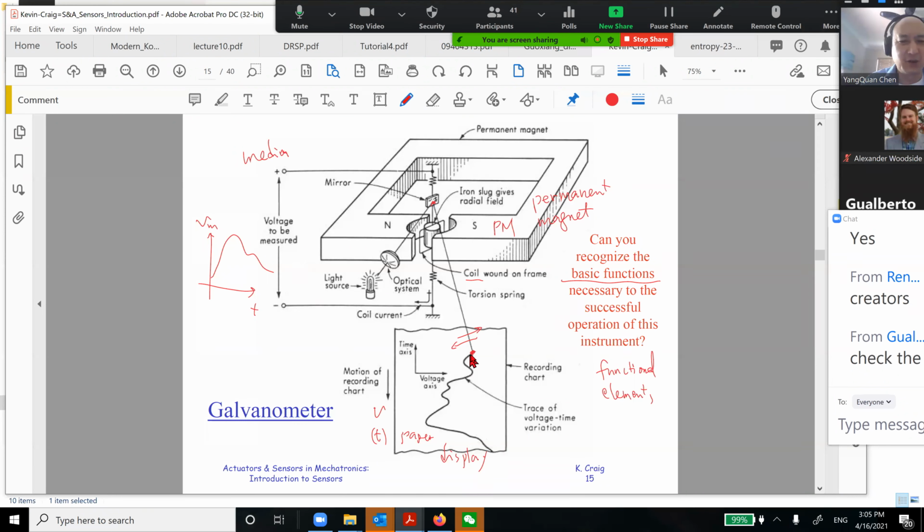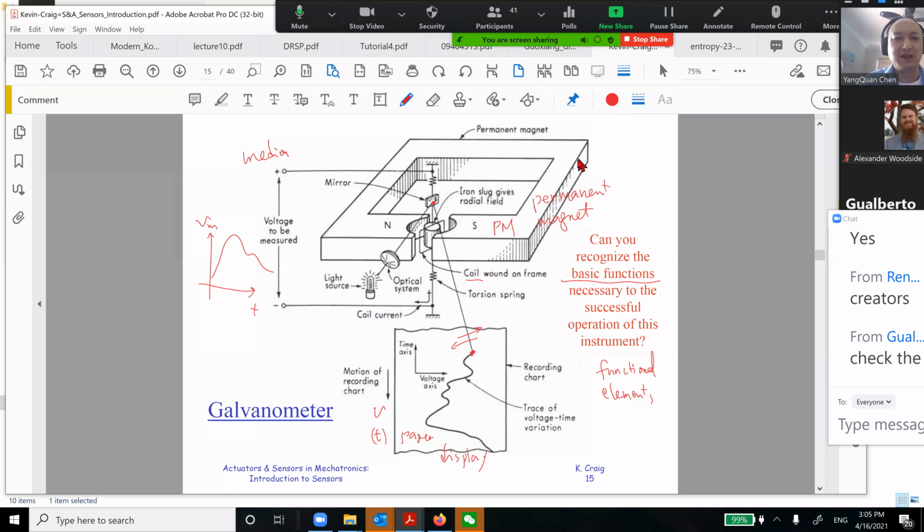Whenever the light hits this paper, you are going to leave a mark. But if you move slowly, this mark will become different as the voltage is also dynamically changing. So this becomes like an analog recorder of the curve for the voltage's time variation, the time history, okay?